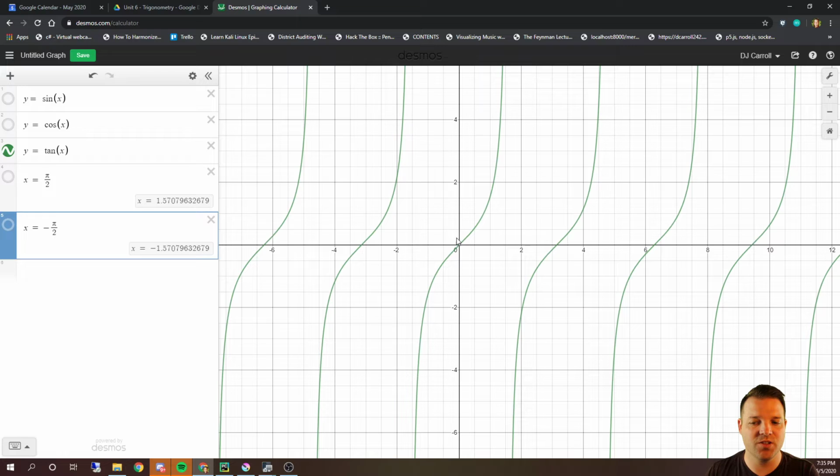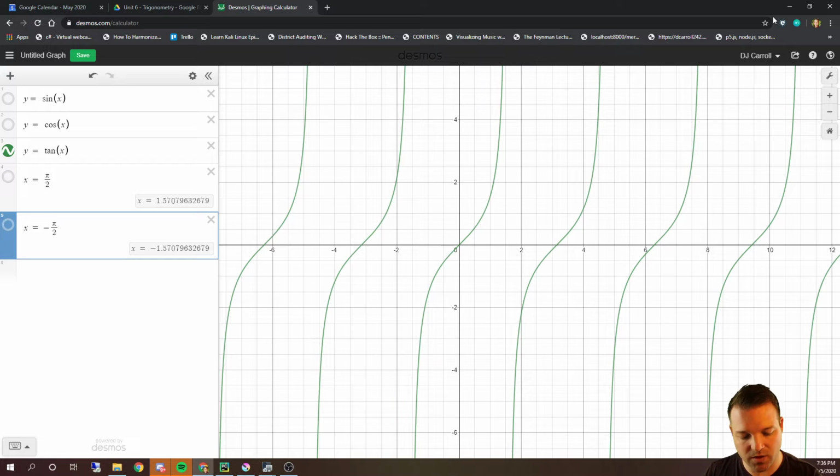So actually, since I know specific numbers work out really well, I'm basically going to take these zeros and then just work the rest out. And I'm also going to show you where these vertical asymptotes are as well.